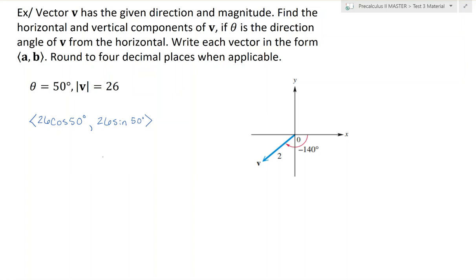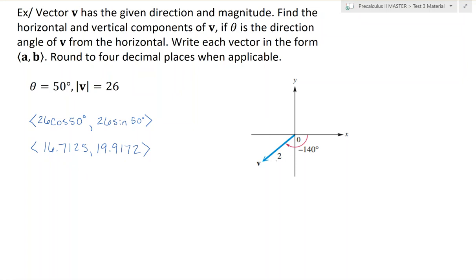Those are not special angles, so we're going to utilize the calculator. I get 16.7125 for my horizontal component and 19.9172 for my vertical component. So that's my vector written in the form of angle bracket a, b.